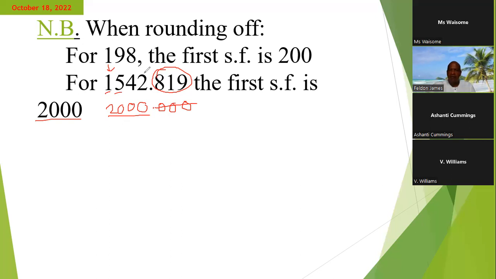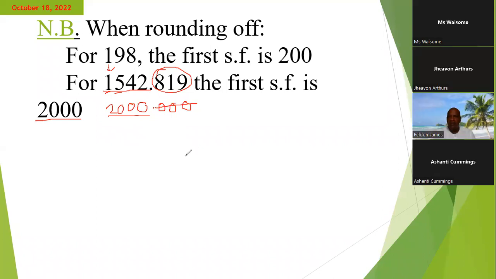Because if we should drop off those values, then you would only have 2, and 2 wouldn't represent this entire number, which is 1542. So in order to represent what the actual value of the number is, we have to put zeros to hold these positions, because these are whole number positions that are meaningful.